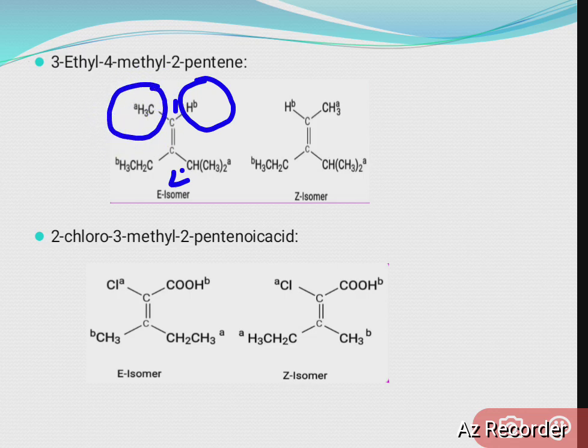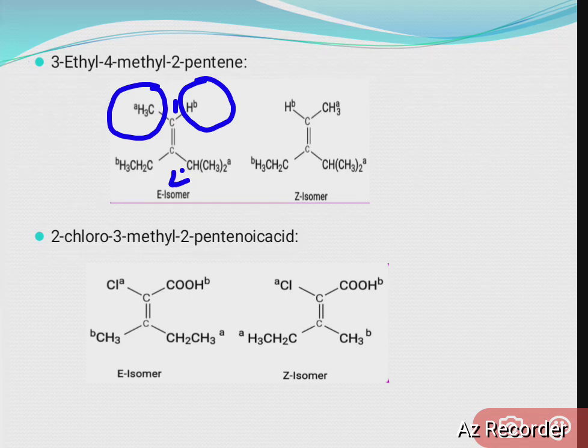Then here this carbon is attached. Compared to carbon and hydrogen, carbon has the highest atomic number, hence it will get the highest priority, so it is A, and hydrogen is represented as the least priority, B. Okay, coming to the next carbon atom, what are the groups attached here?